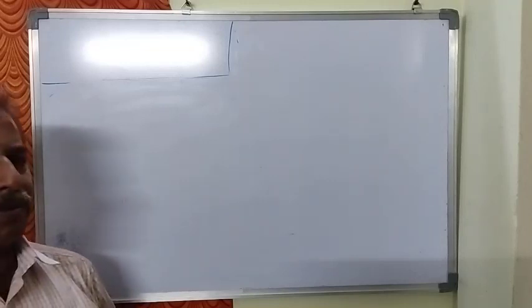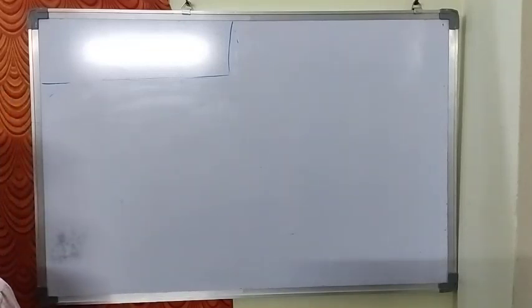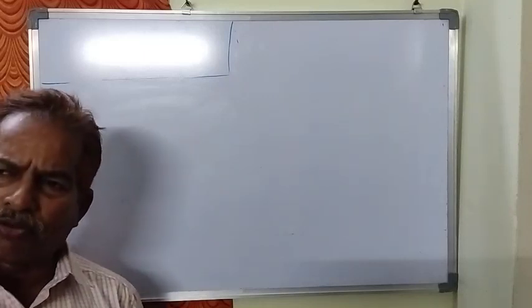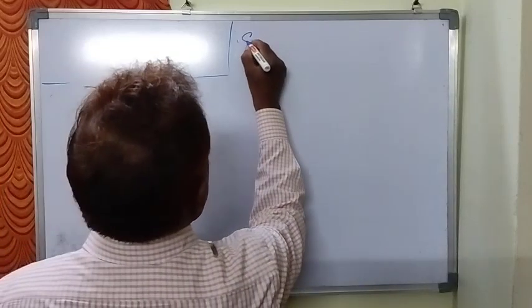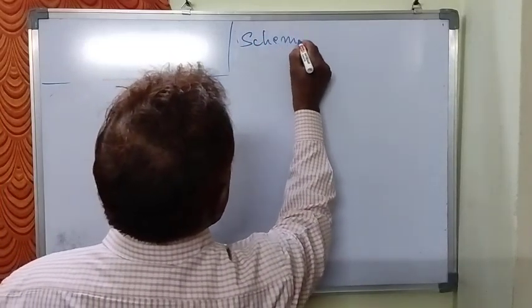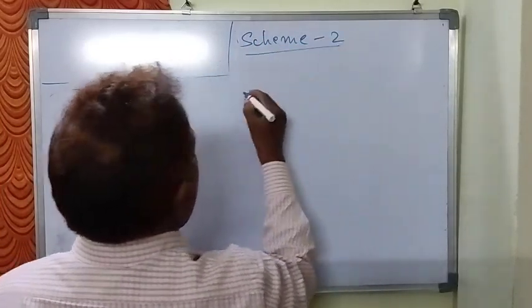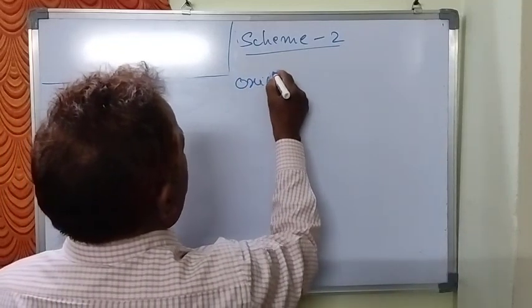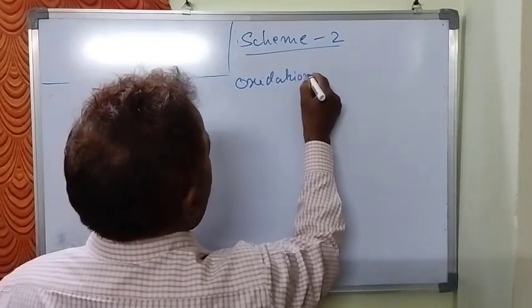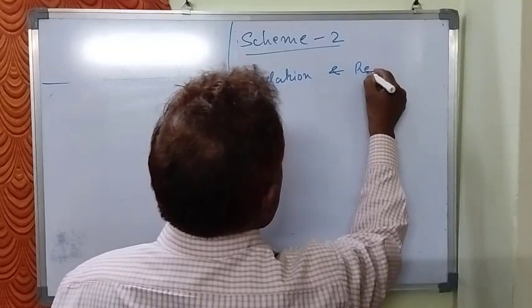Right. So in scheme 1, we used aqueous KOH and alcoholic KOH, and of course Markovnikov's rule and anti-Markovnikov's rule. Now let us see scheme 2. In scheme 2, let us look at oxidation and reduction.